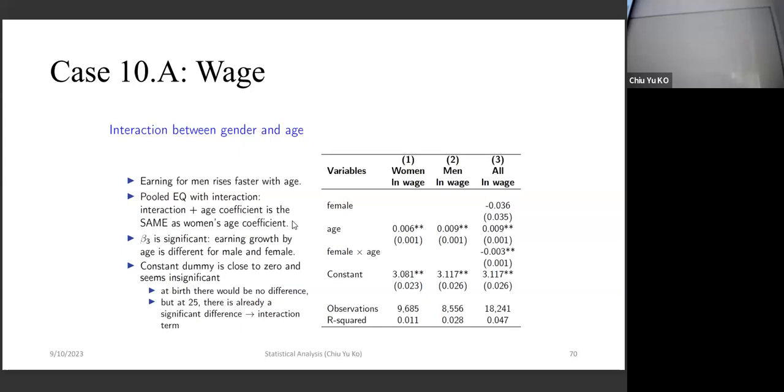Or sometimes you do a top-down approach. You do a univariate regression, like you do 1 and 2 first, and then you put the whole thing and see how things change.